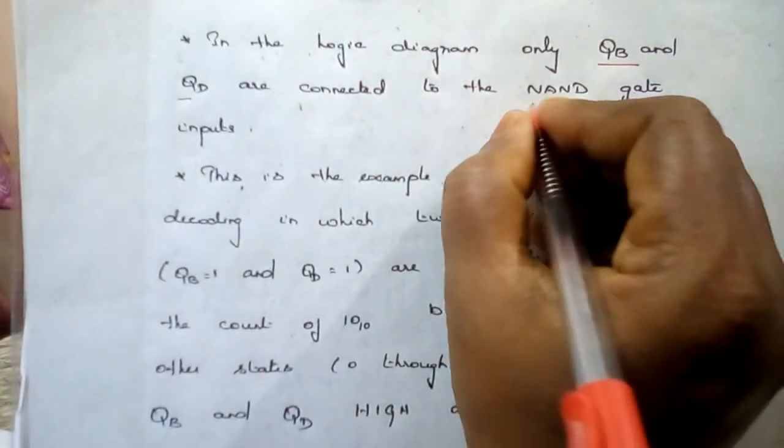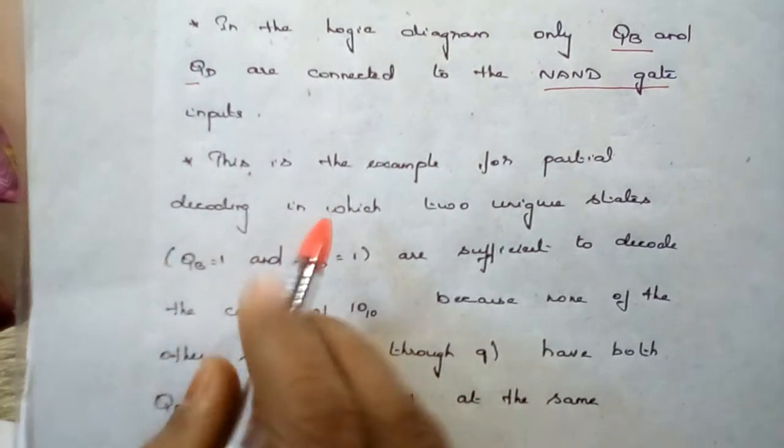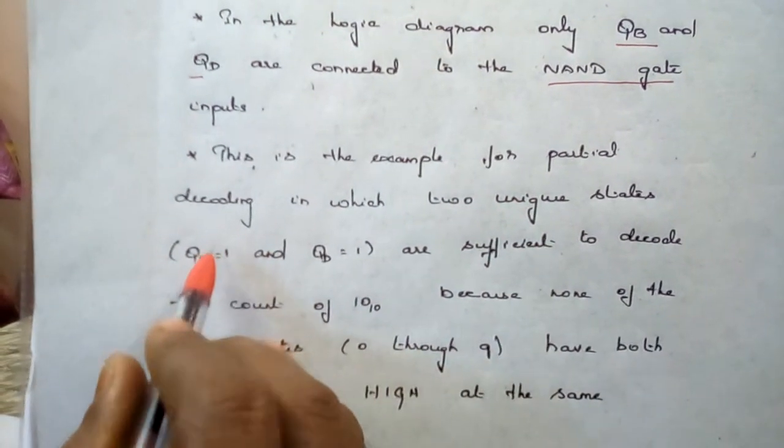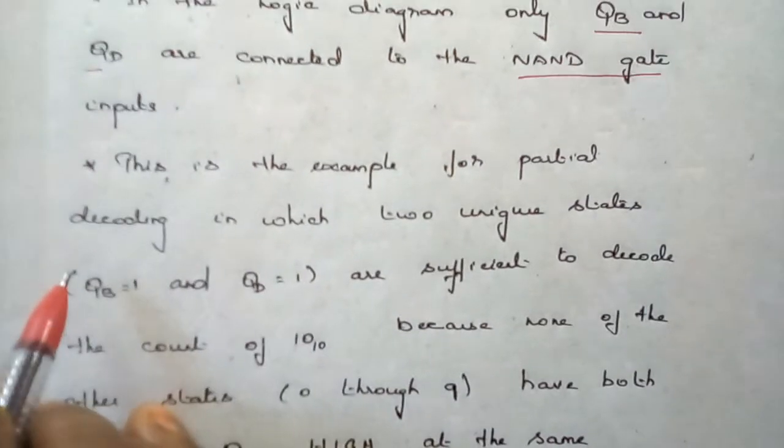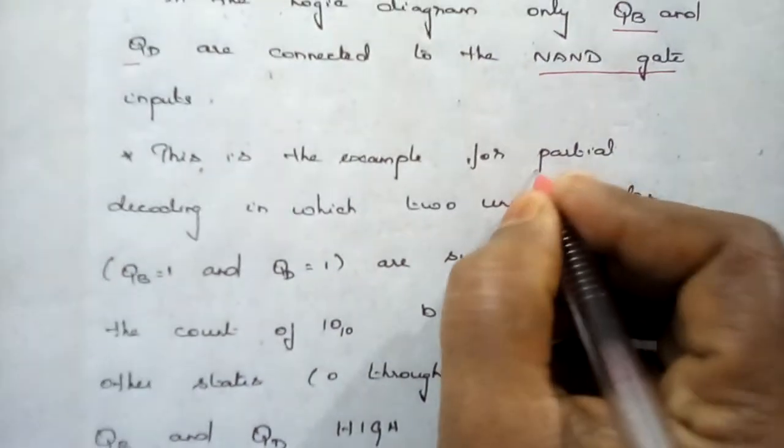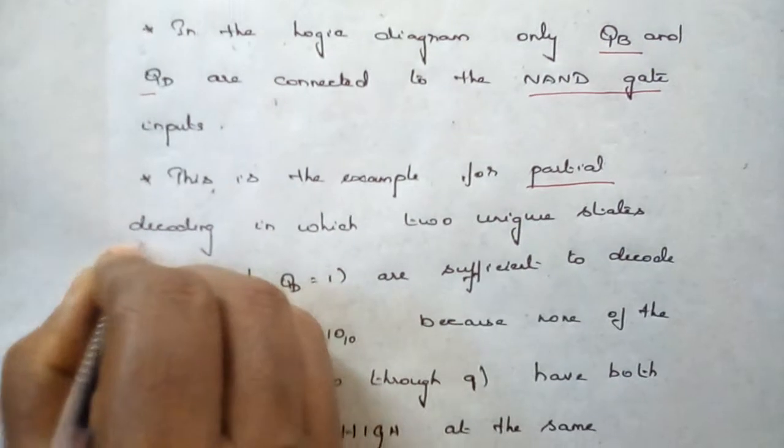In the logic diagram only QB and QD are connected to the NAND gate, and this is an example of partial decoding.